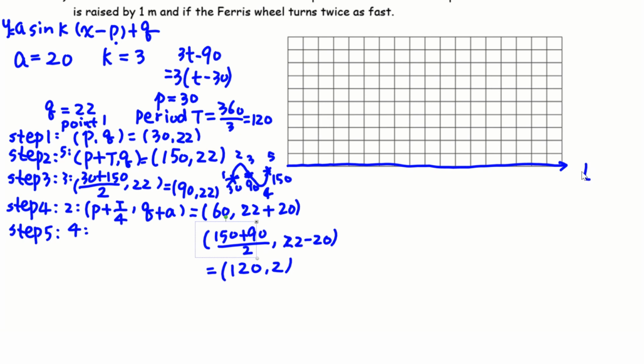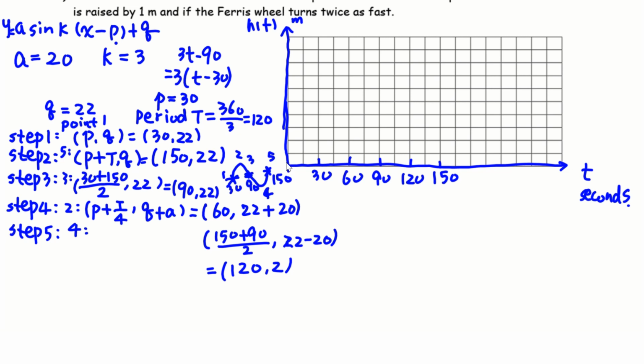So this is time t and this is height h. h at t in meters, this one in seconds. So we have these 5 points and the maximum is 150, so we could go by 30, 60, 90, 120 and 150.